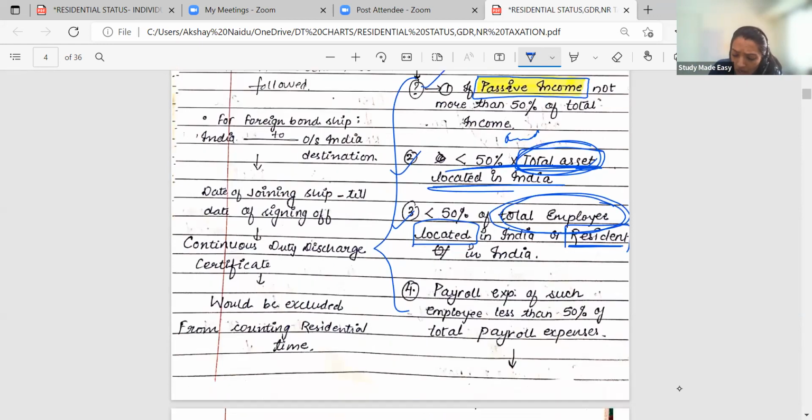Then, out of your total payroll expense on employees, you spend less than 50% on the employees who are situated in India. Obviously, if the majority of the expense is for employees outside India, that means again your active business is outside India. So the four conditions: two conditions based on employees, payroll expense and resident and situation of employee, that is stay of employee; one condition related to asset and one condition related to income.